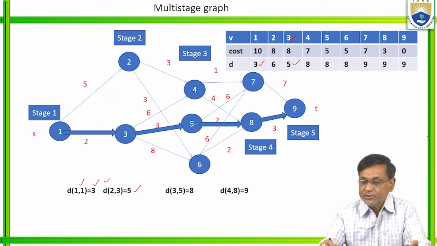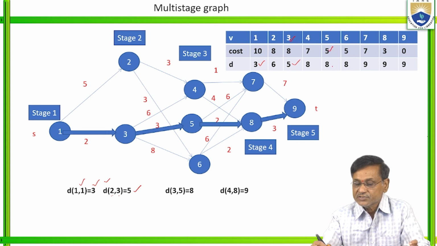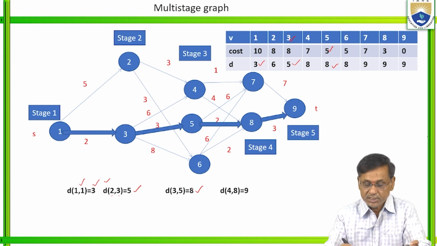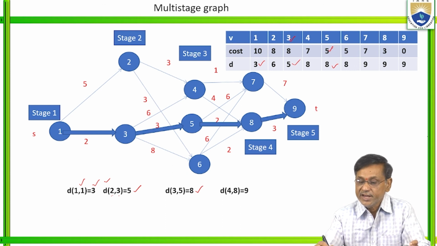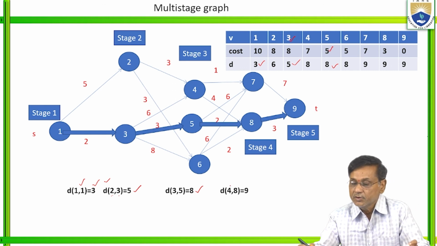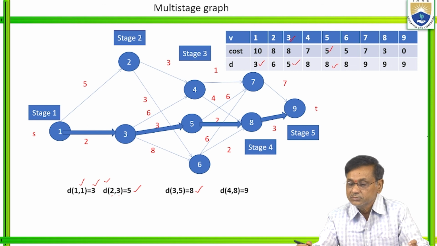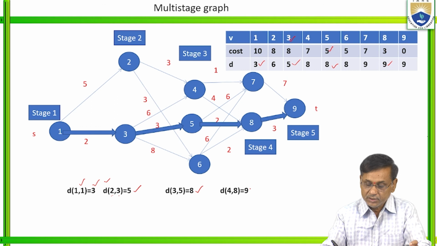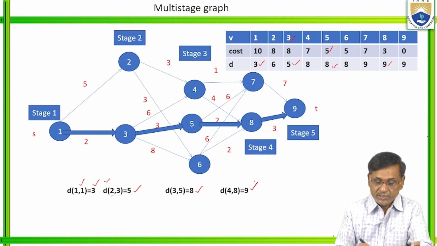From vertex 5, where are we going? From vertex 5 to 8. So, 5 to 8 we are going, because the destination is 8 corresponding to the 5. Then next, from 8, where are we going? 8 to 9. So, 8 to 9 we are going. So, we can find out the path.